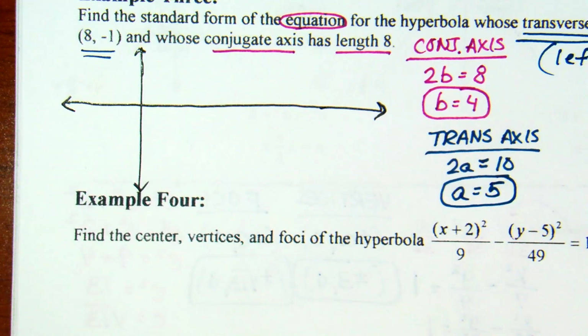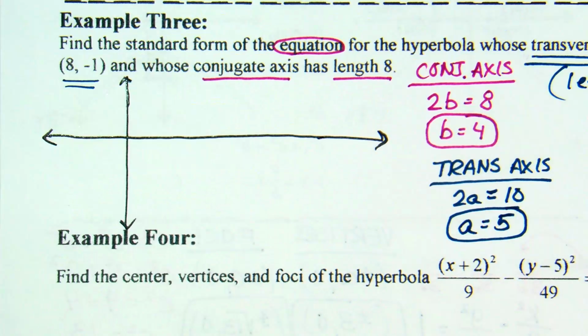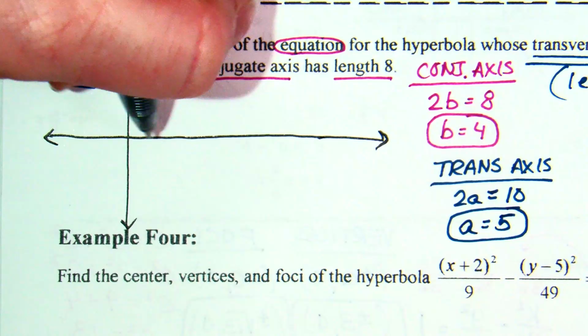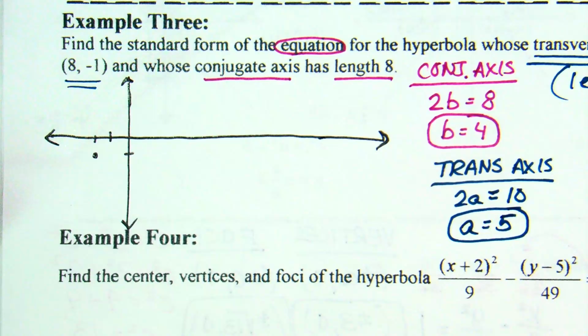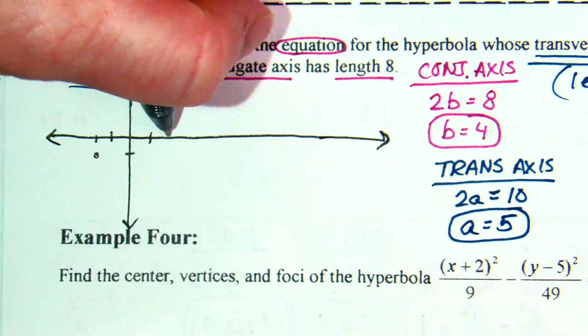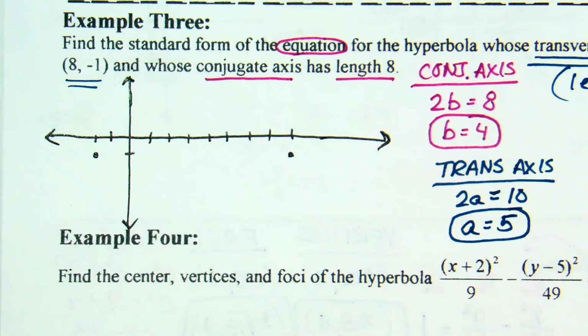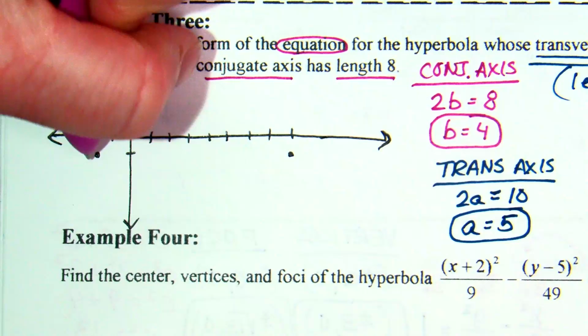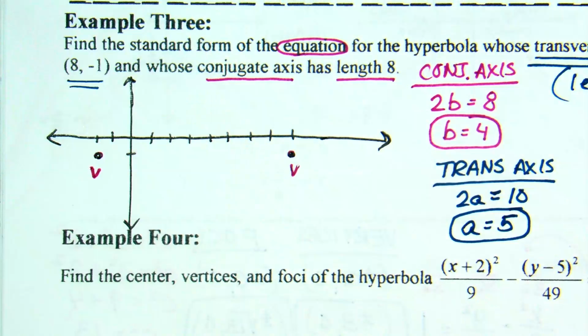We were told our vertices are at (-2, -1) and (8, -1). There's your visual, guys.